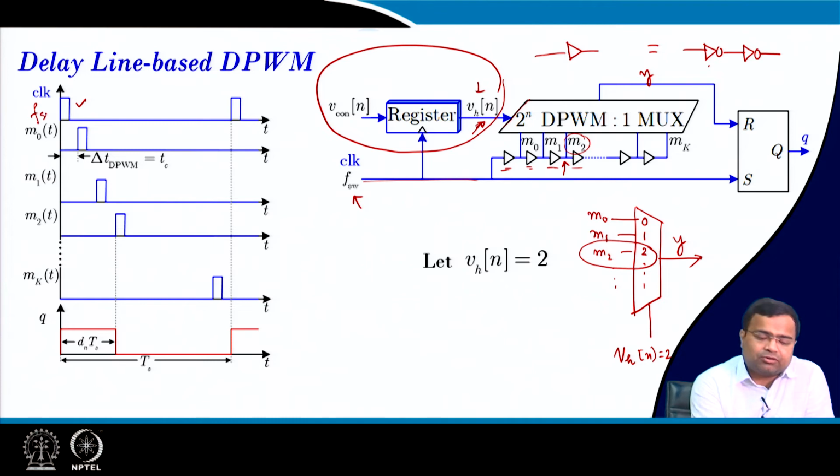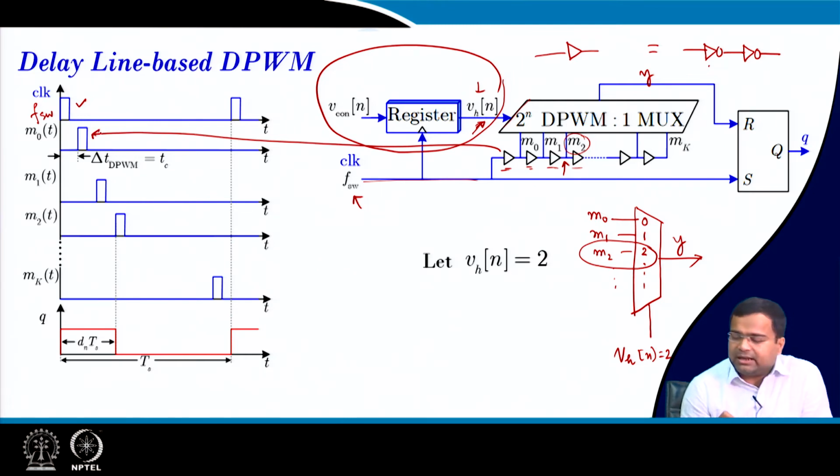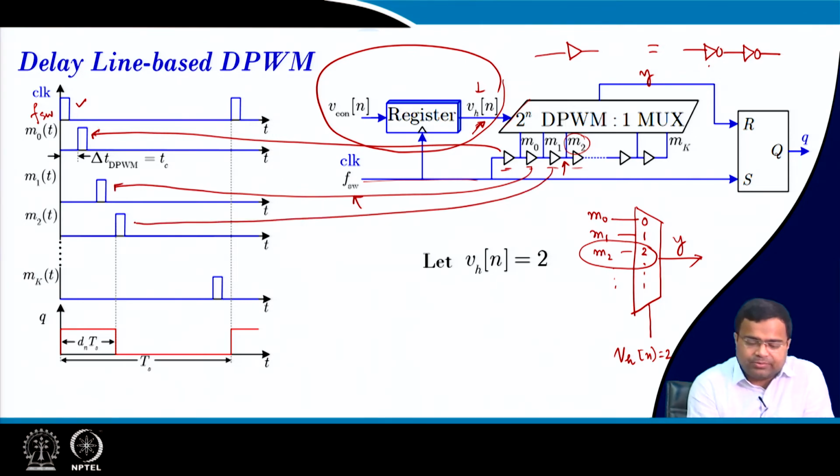Due to the first delay, this will be delayed. Then the second stage will have another delay compared to the first stage, and the third stage will have another delay. And since the third stage output is going, this high edge will reset this pulse, and the clock of this FSW will set the pulse because it is a trailing edge modulation, and this will reset. So, this will be your duty ratio.